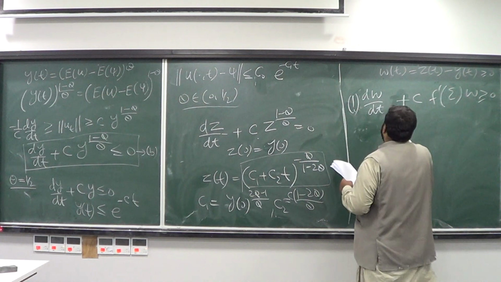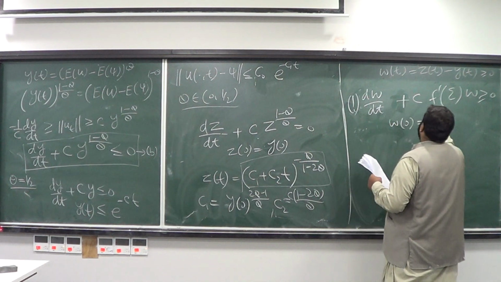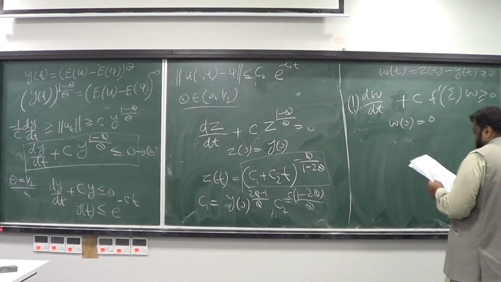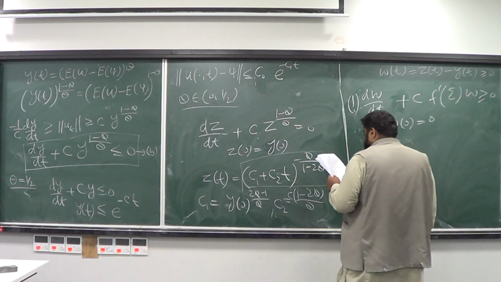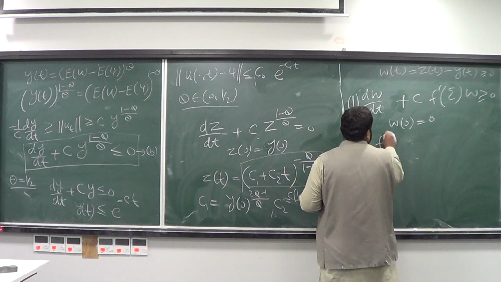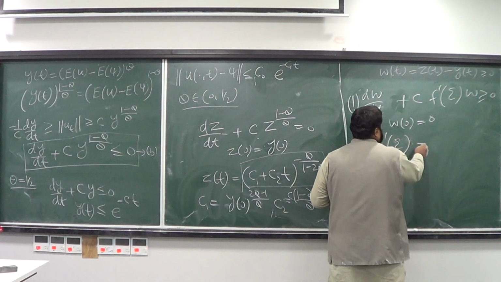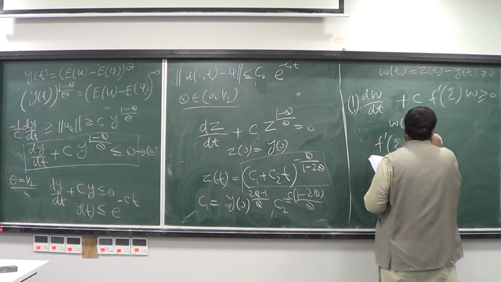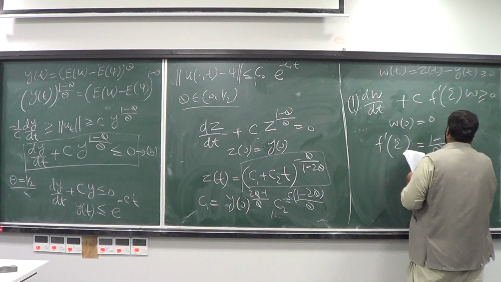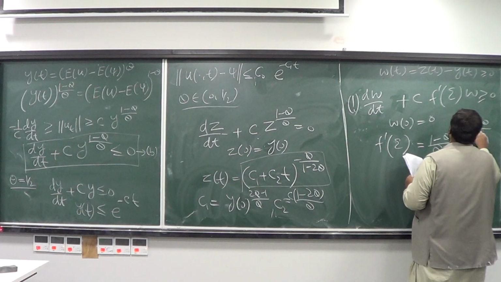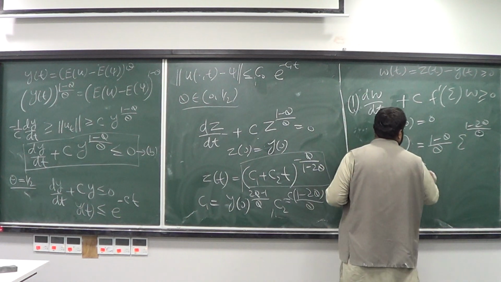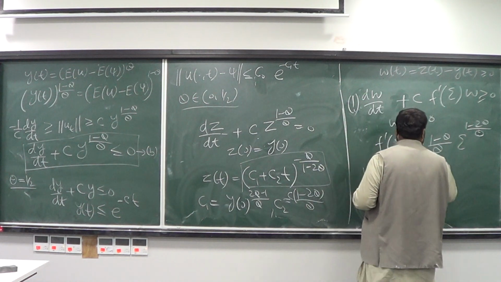The initial condition is obviously going to be w of 0 equal to 0, because z of 0 is y of 0. And f prime of this xi function is really (1 minus theta) divided by theta times xi power (1 minus 2 theta) by theta, where xi is some quantity between y and z.